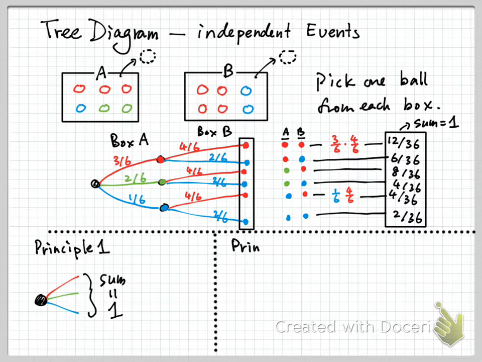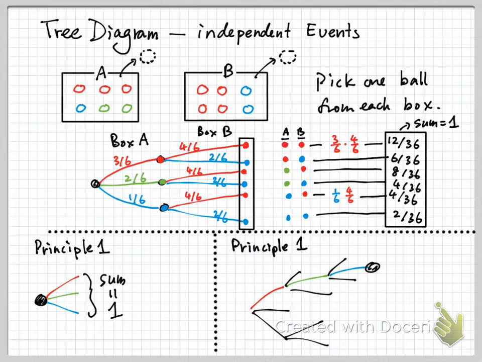And the second principle is the one I just talked about. The probability for each endpoint is the product of all the probabilities that lead to that event. There are some other branches, but I don't care about the other branches. The probability of this event will be the red number times the green number times the blue number, if from the start to the end it goes through the red branch, the green branch, and the blue branch.